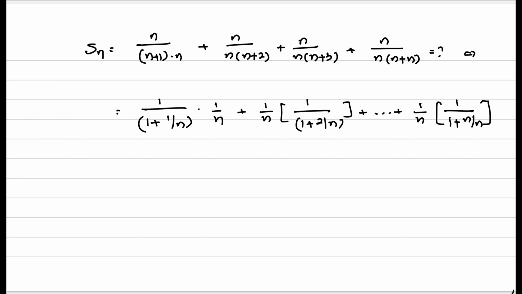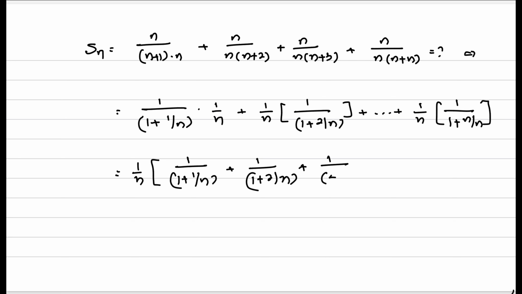Can we write like this? That will be 1 by n, you take it common: 1 by 1 plus 1 by n, plus 1 by 1 plus 2 by n, plus 1 by 1 plus 3 by n, plus up to 1 by 1 plus n by n. Can we write like this?